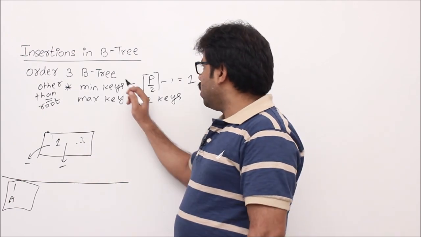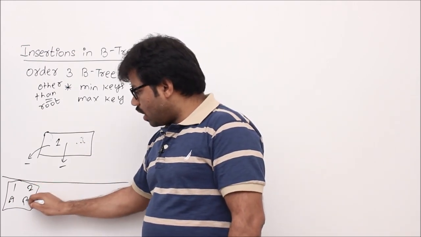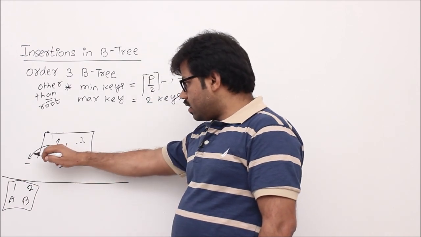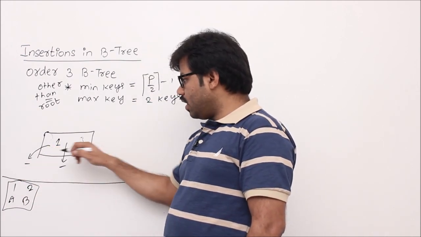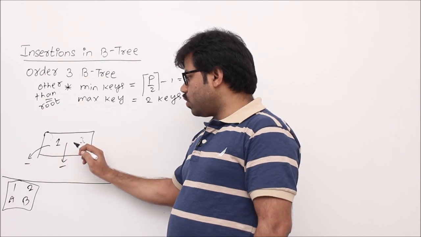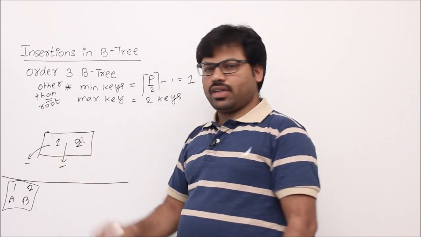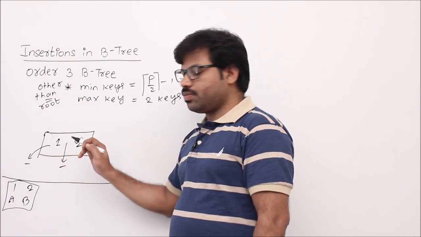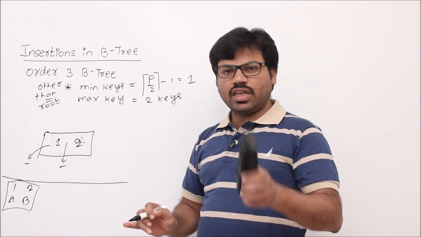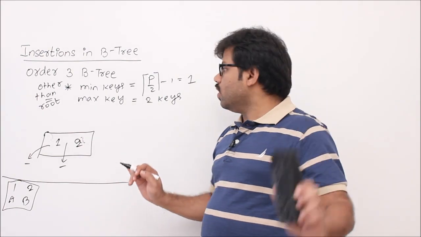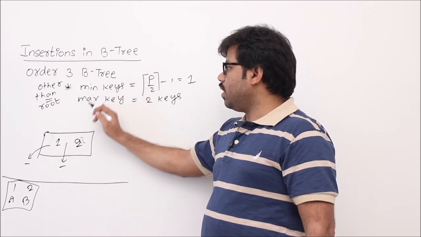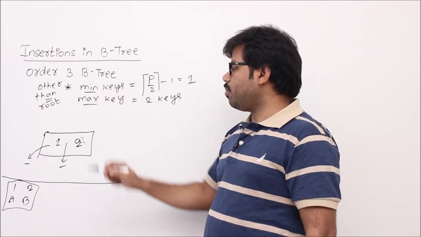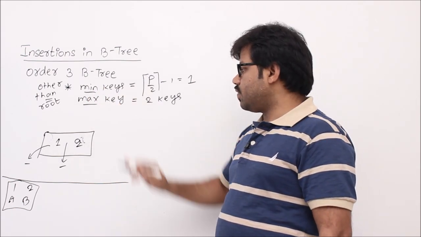Next, one more node is inserted, let's say 2 comma b. Then what I do is, first of all I try to accommodate 2 in the node. After 1 I should keep it, and there is a space, so I keep it. So 1 comma 2. I always assume that I have space first of all. I only follow these two conditions: the minimum condition and maximum condition should always be satisfied.